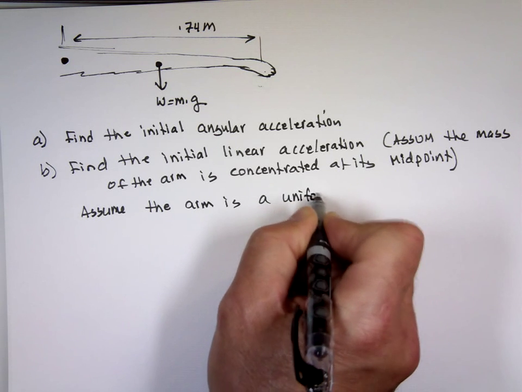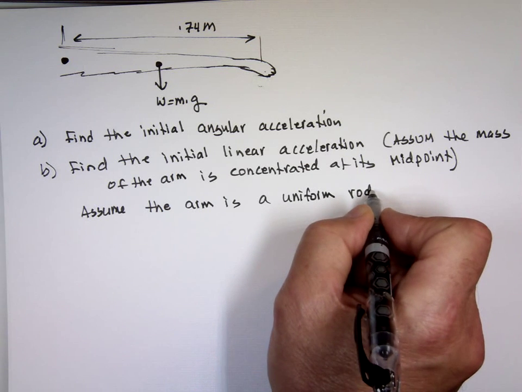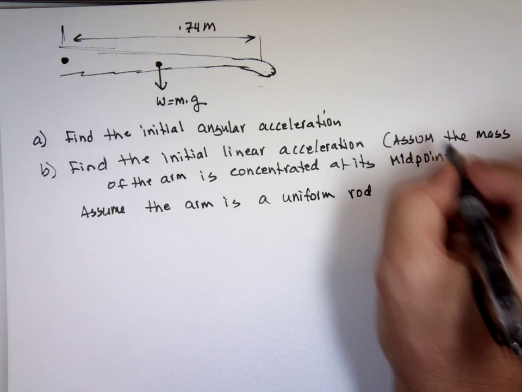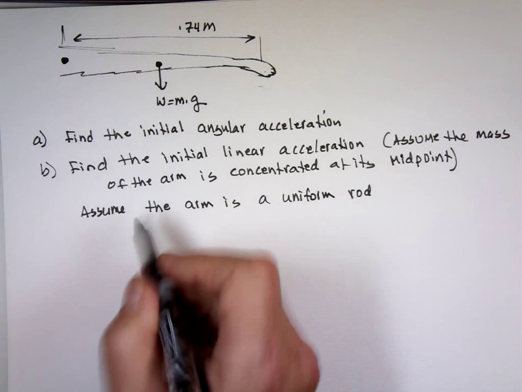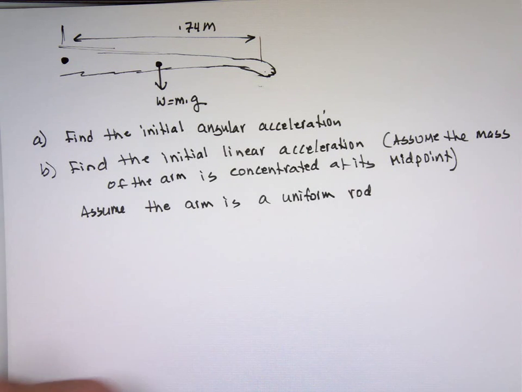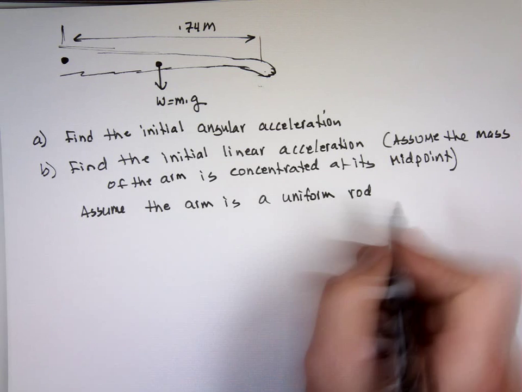We know it's not uniform. So two assumptions. Assume the mass of the arm is concentrated at its midpoint. Assume the arm is a uniform rod. Two things to assume.